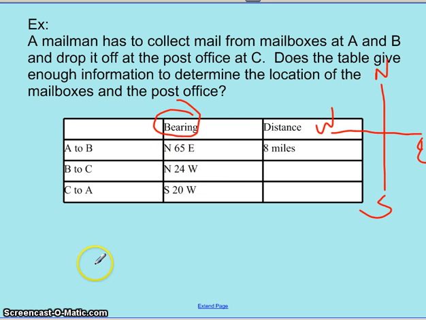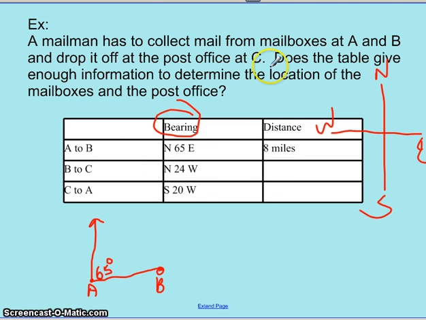on these bearings. So we want to start off with somewhere called A, and its bearings to get to B says that if we had this north line, straight north, then we'd open up 65 degrees to the east to get to B. So this would be 65 degrees here.